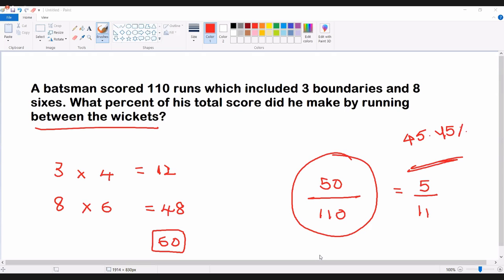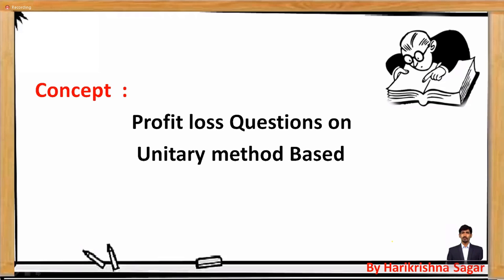Manoj, I hope it is clear for you. So what are unitary method based questions? We'll try to understand. In profit and loss, we have done this type of questions in percentages also.